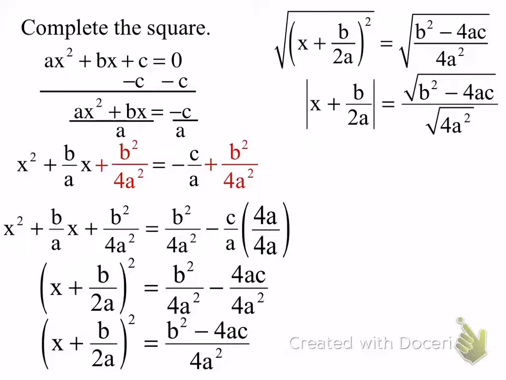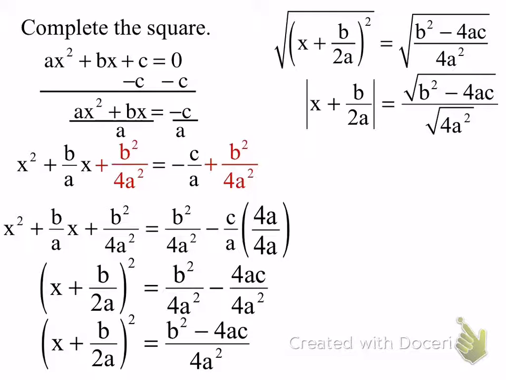And now look what I'm doing here. I'm separating the numerator and the denominator. Remember, if it's all under the same radical, it means the numerator is a radical and the denominator. And I'm doing that because, is the numerator a perfect square? No. B squared is a perfect square. 4 is a perfect square, but a and c are not. So it's going to stay under the radical.